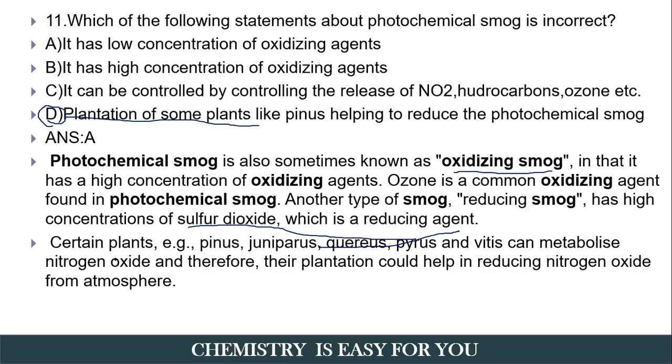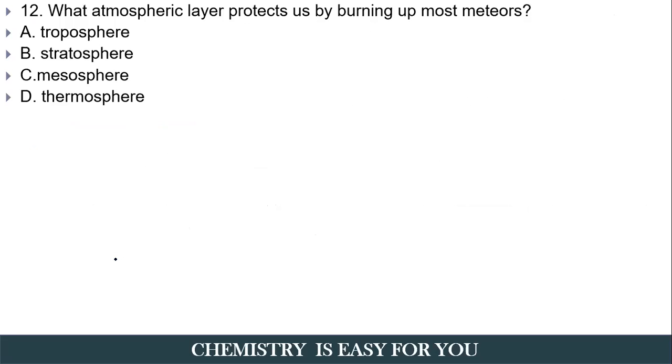So planting trees which can metabolize the primary pollutant gases in turn helps in controlling photochemical smog. That is why the fourth statement is also true, and only option A is the incorrect statement: that it has a low concentration of oxidizing agent. It is a wrong statement.